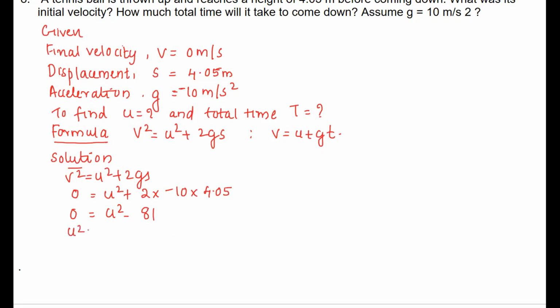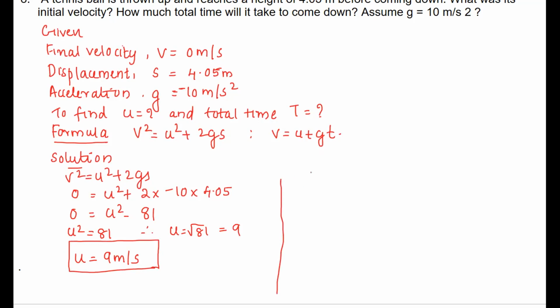That is u square is equal to 81. Therefore, u is equal to root 81, that is equal to 9. So we got u is equal to 9 meter per second. This is the initial velocity of the object.